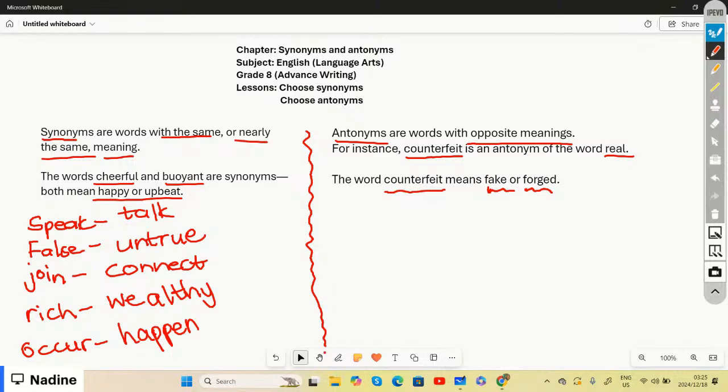All right. And if we look at the first word, to abandon. What is the opposite of abandon?